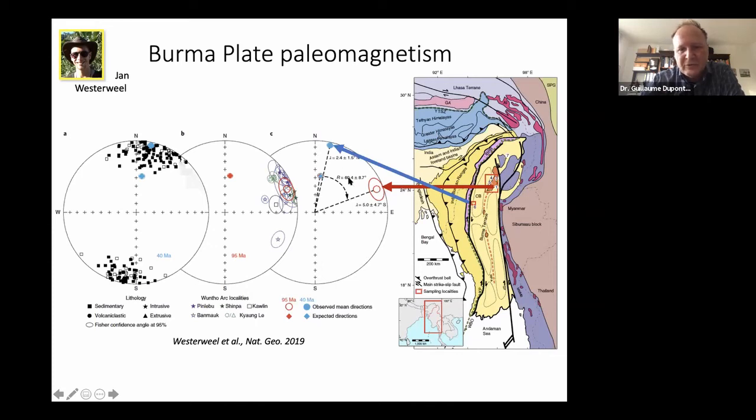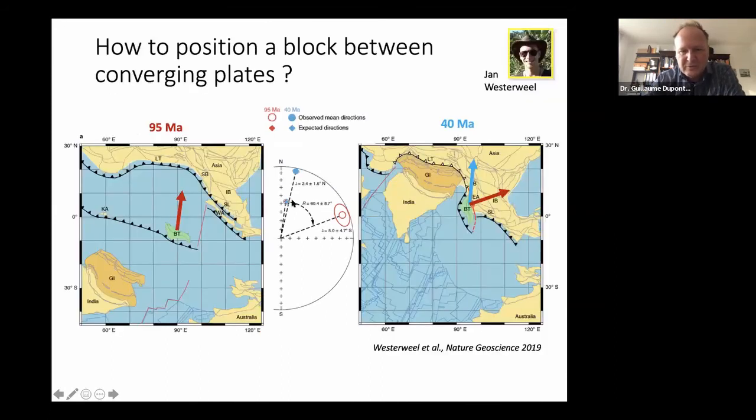And what you see also is that the direction of the old rocks is towards the east, okay, instead of towards the north. So something happened there, it rotated. And this is more clear if I show you this plot here.